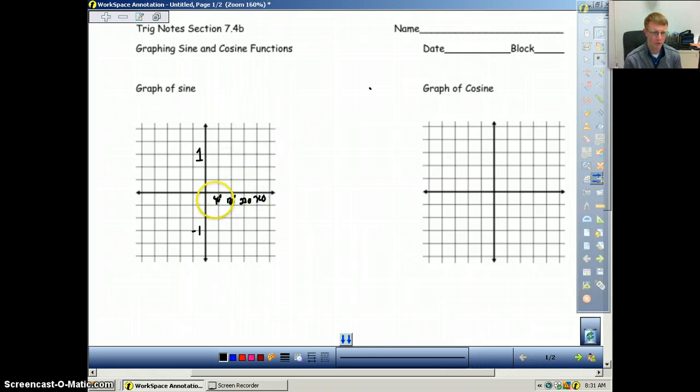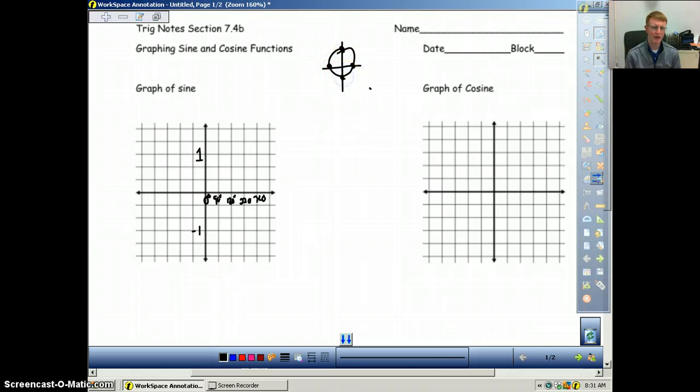And now what I want you to think about is, we've already gone through this, but when we talk about the graph of a sine function, obviously we start with 0 degrees right here. So if I wanted to know what the sine of 0 degrees is, you think about your little unit circle here, and then we talk about where we start and what the value of the sine function is there, and then we get to the 90 degrees and we talked about what the value was there.